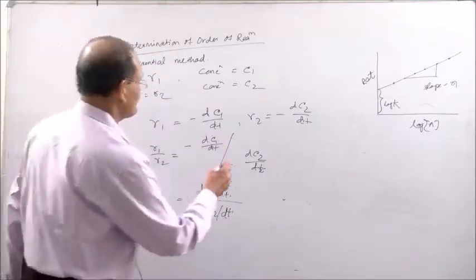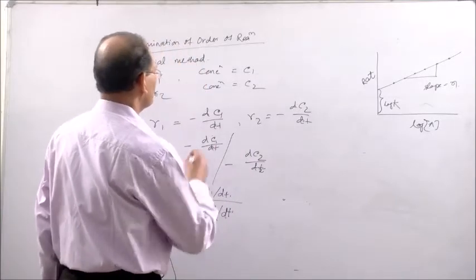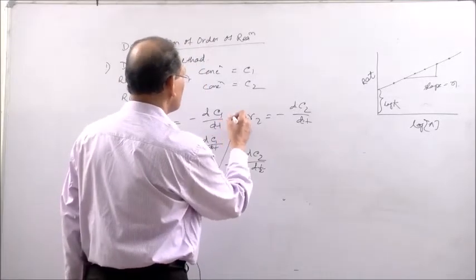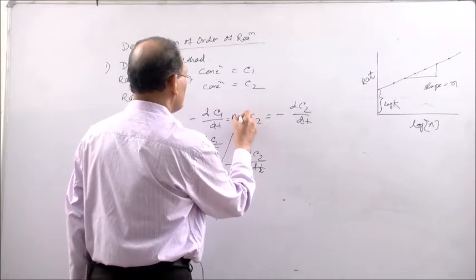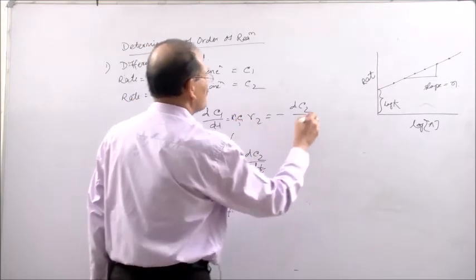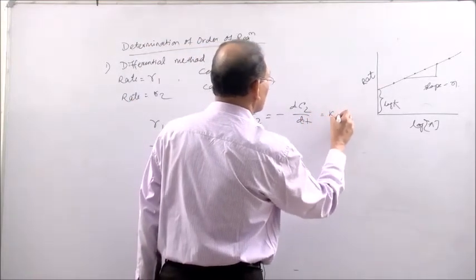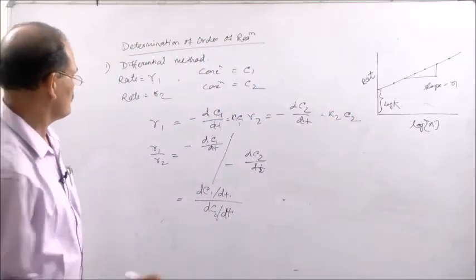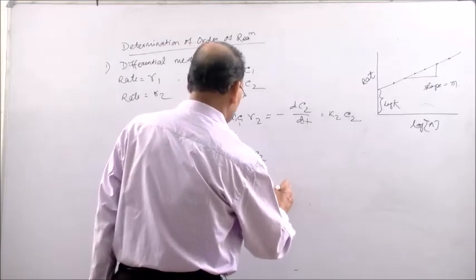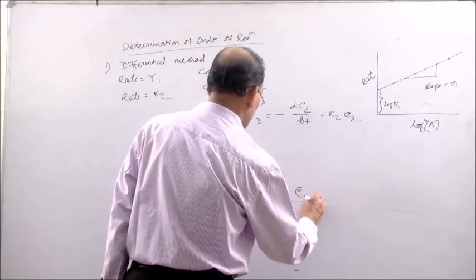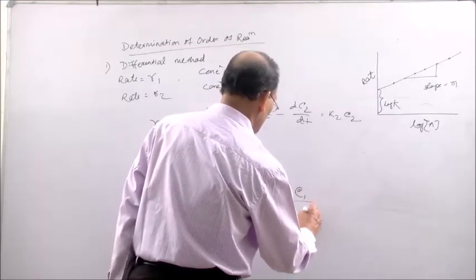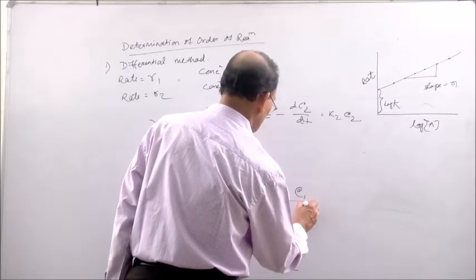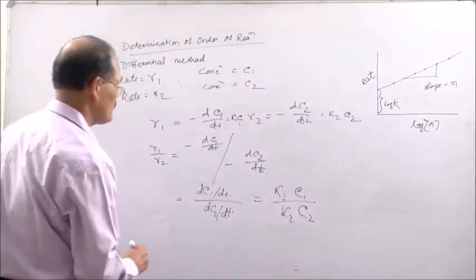which is directly proportional to the concentration, that means it is K1 C1 over K2 C2 to the concentration term.